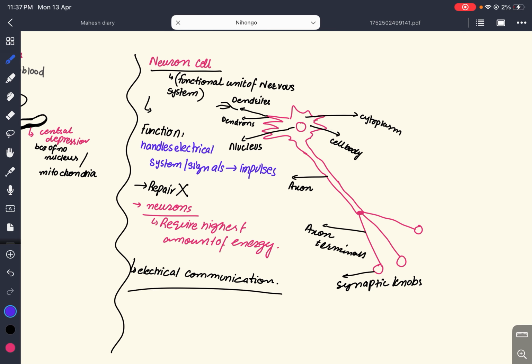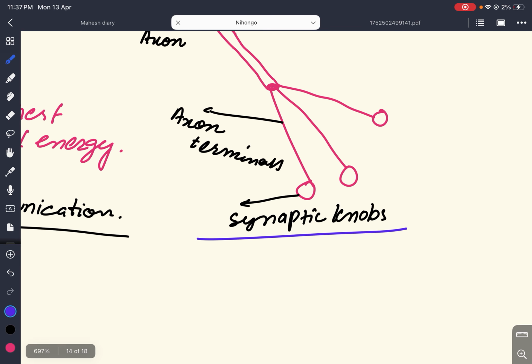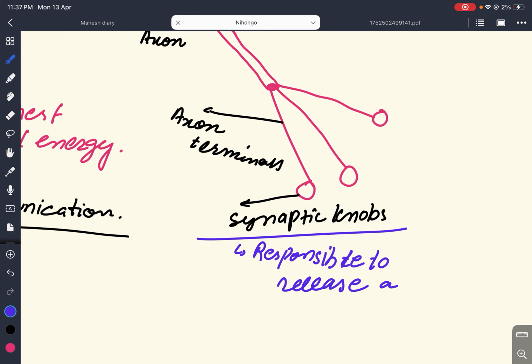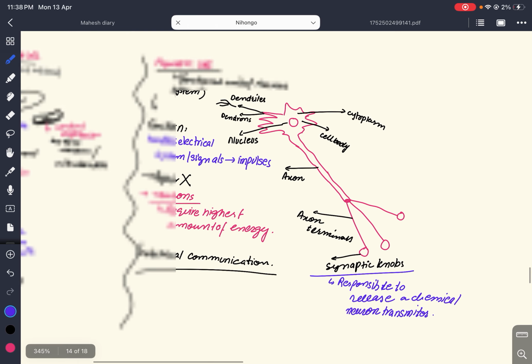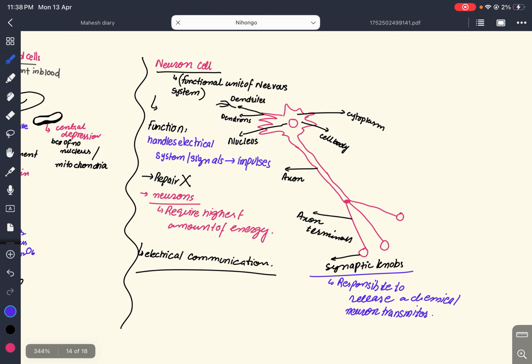Also, one thing to mention, these synaptic knobs are responsible for releasing a chemical, which is called a neurotransmitter, if I'm not wrong, which is very important for the nervous system and the entire impulses that get generated, which we'll further study.